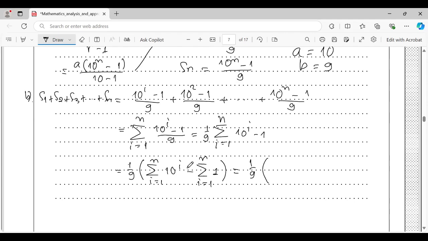This first sigma equals 10 multiplied by 10 to the power n minus 1 over 9, minus this sigma equals n. And it becomes 1 over 9 times 10 multiplied by 10 to the power n minus 1 over 9 minus 9n over 9.